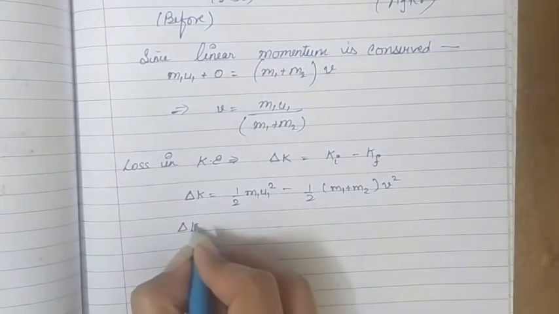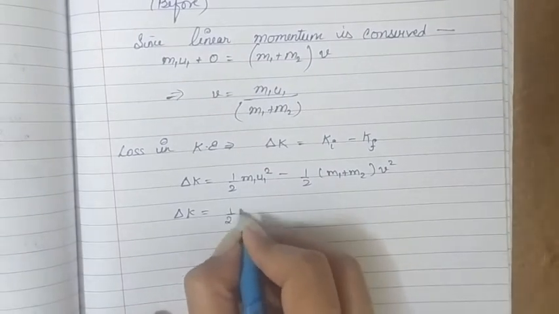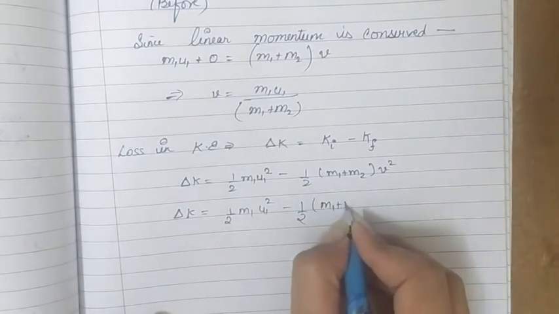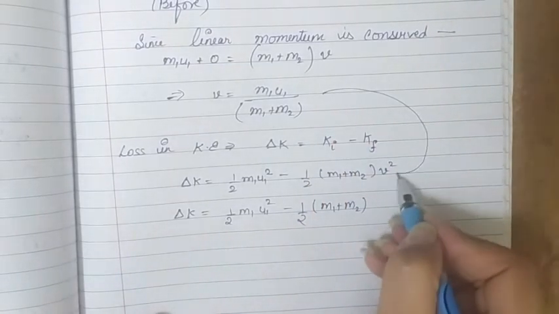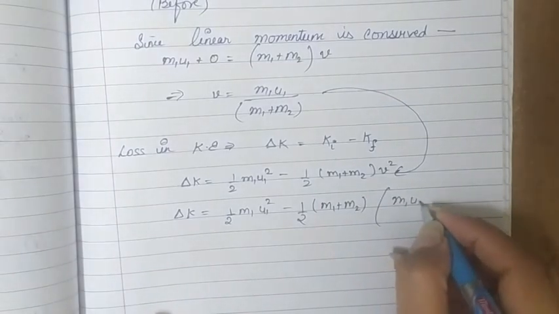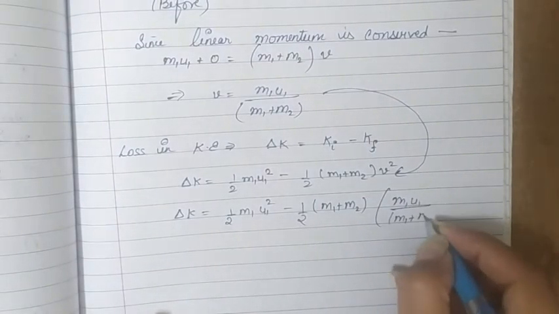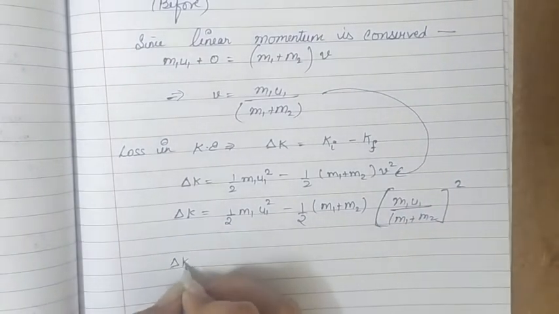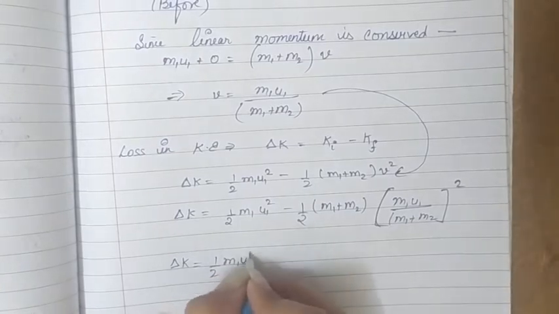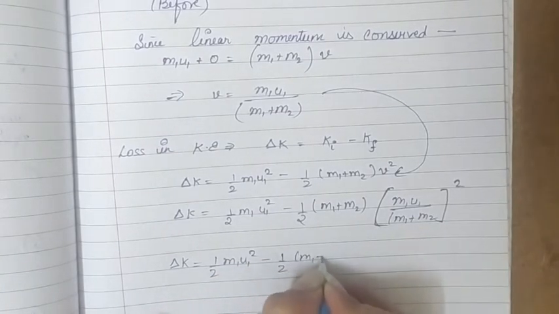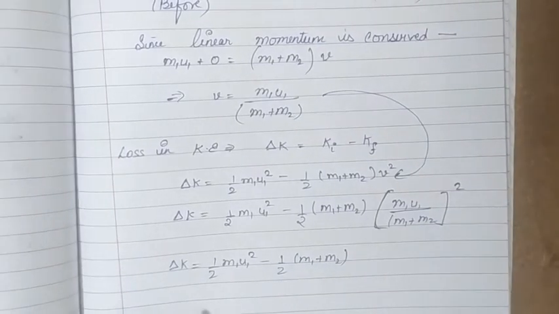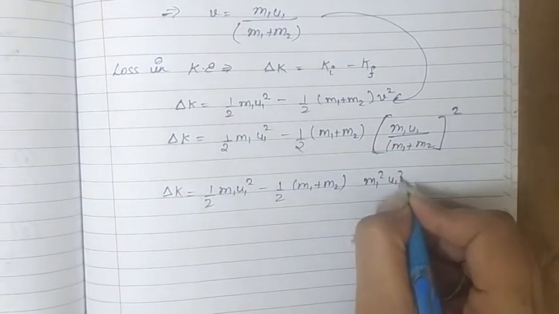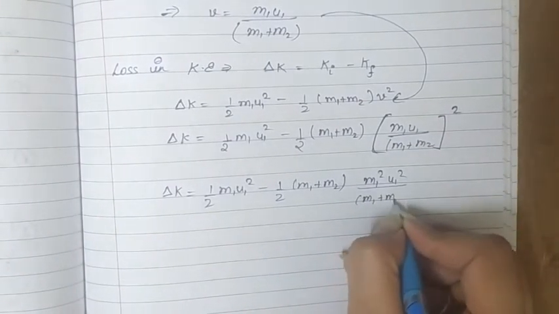So delta k is equal to half m1 u1 square minus half (m1 plus m2), and in place of v we are going to substitute this value. So it is (m1 u1 upon m1 plus m2) whole square, and if we solve it we get m1 square u1 square upon (m1 plus m2) whole square.